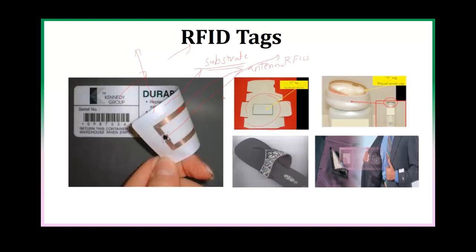You could put them anywhere: in a paper box, inside caps for your bottles, in sandals or shoes, in wearable devices, even inside your clothing. Depending upon the application, tracking and all those things can be done.